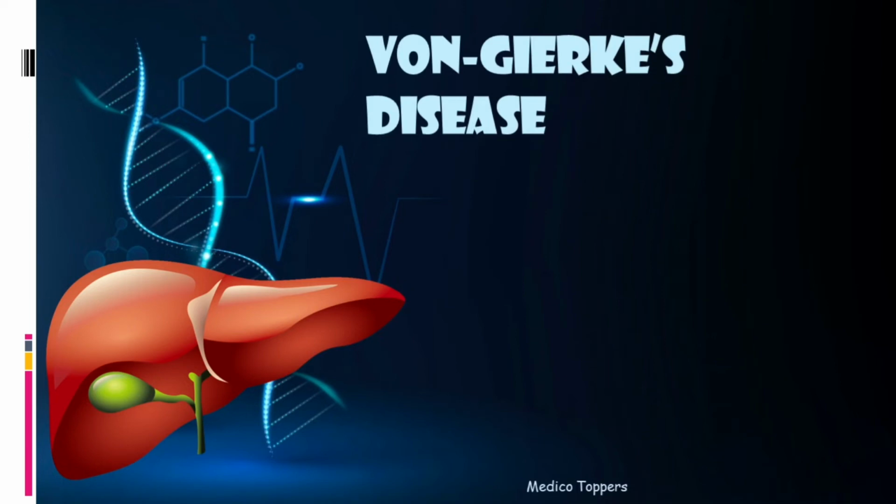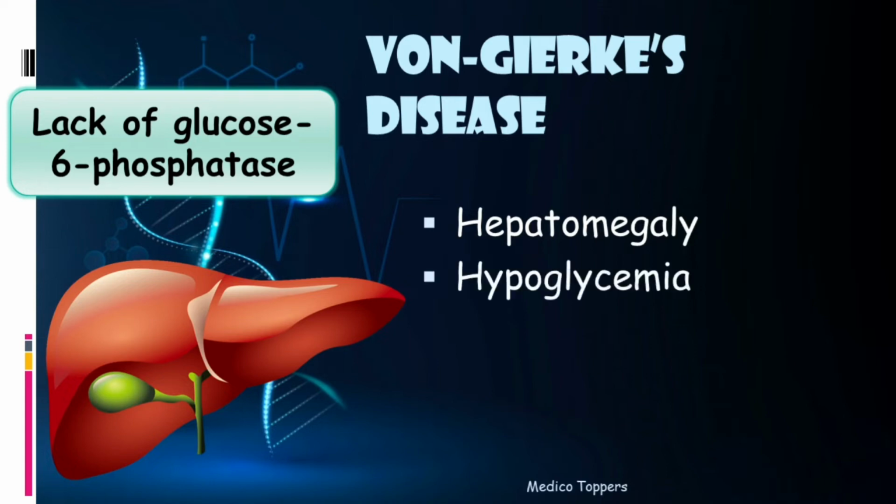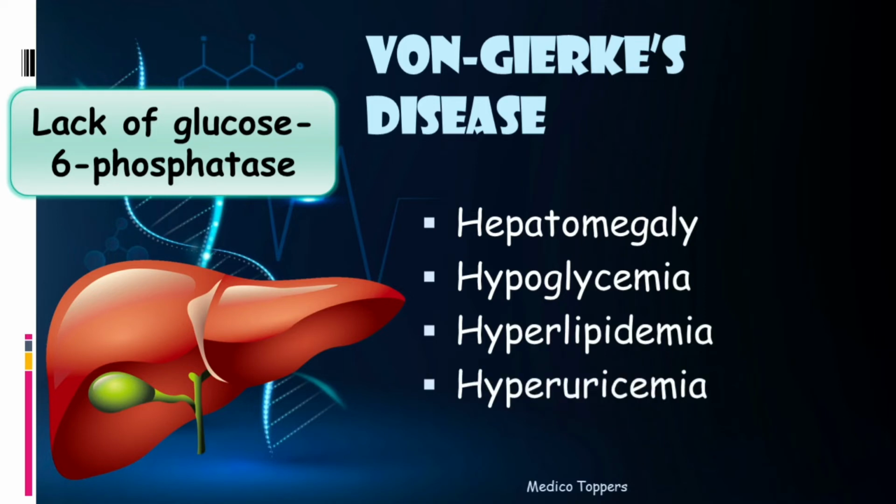So let's start with the first disease, that is Von Gierke disease. Here there will be a lack of glucose 6-phosphatase. What are all the symptoms we can see here? It is hepatomegaly, hypoglycemia, then hyperlipidemia, then hyperuricemia.